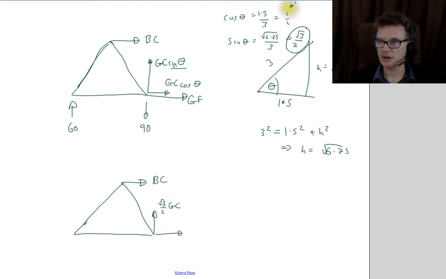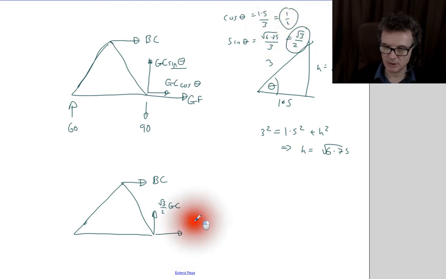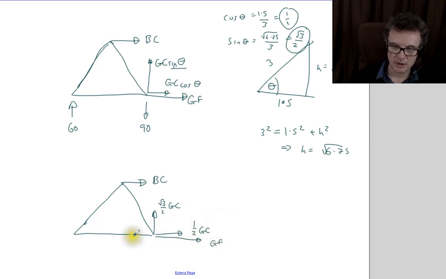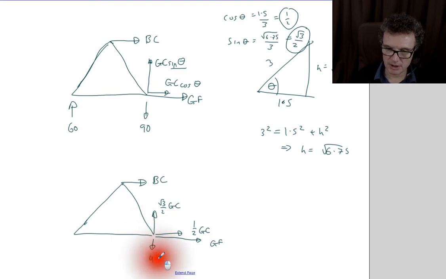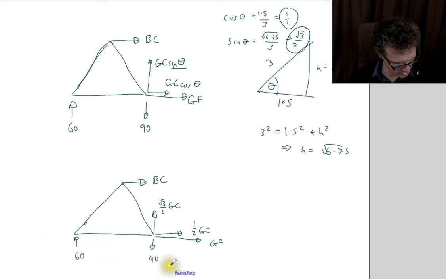Cos theta is a half, so we've got half GC. And then we've got the other force here, which is GF. Let's not lose our external forces. So we've got 90 kilonewtons and 60 kilonewtons.